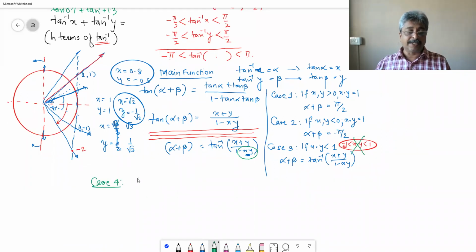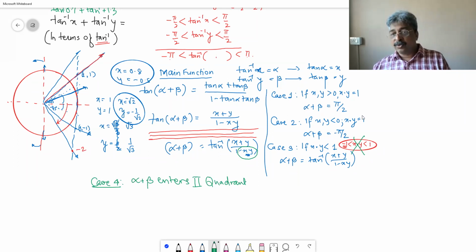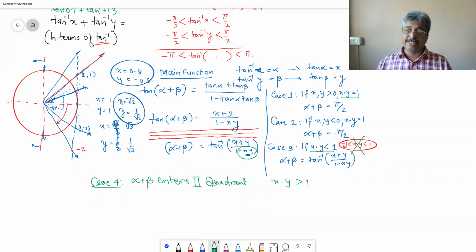Let us write it like this: alpha plus beta enters second quadrant. Then of course, if we look at the symmetry, xy is equal to 1 and xy is less than 1. So of course here what will happen is x into y will be greater than 1. Then and only then this kind of condition will appear.